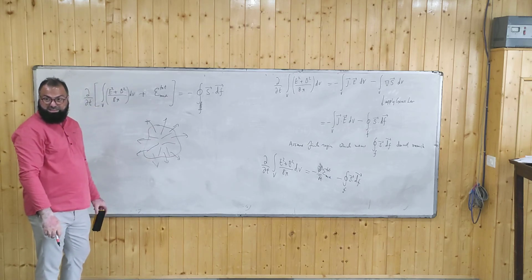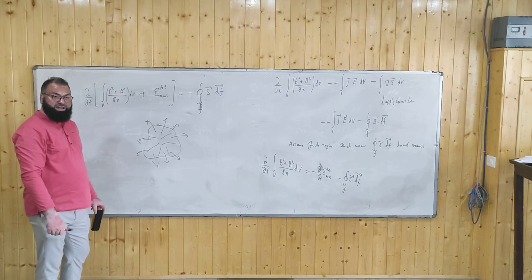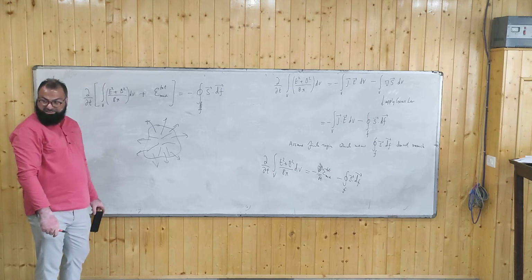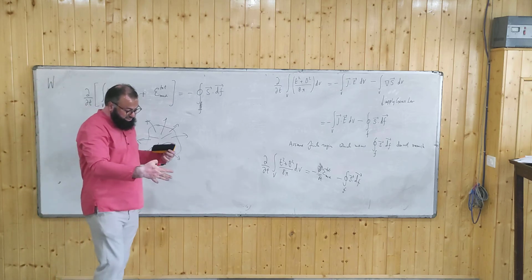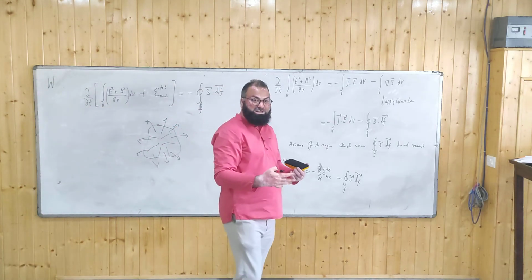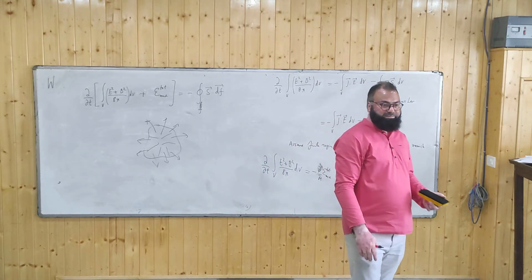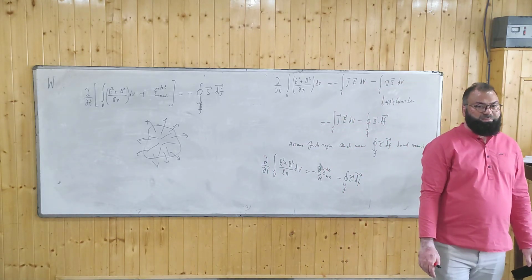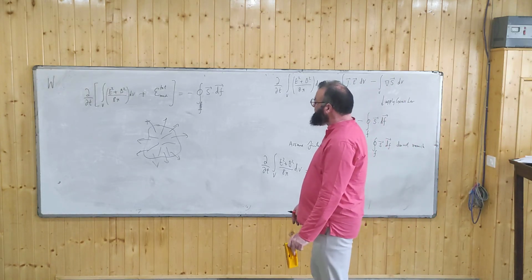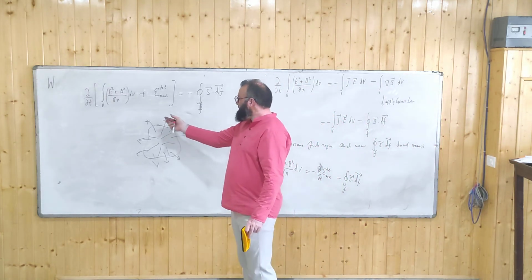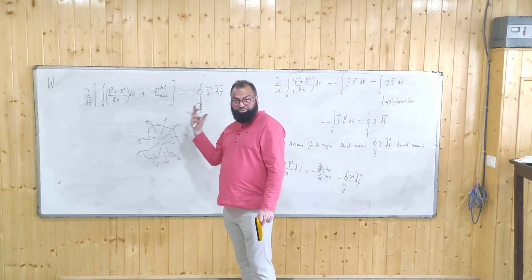Energy flux density, clear? So the Poynting vector represents the energy flux density. It simply gives me the rate of change in energy across a boundary per unit time. Clear? So this is the interpretation of the Poynting vector. This is actually the continuity equation for the energy density.